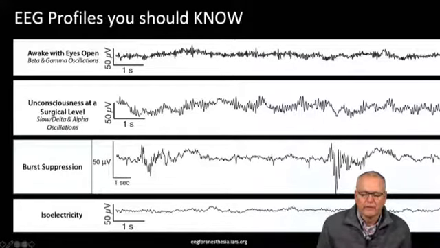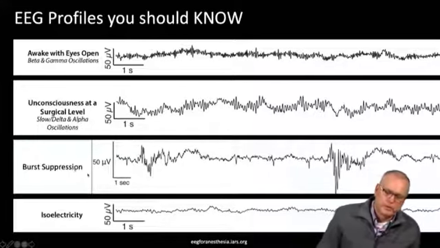There's a lot of activity in there. At a surgical level, you see the waves slow down, frequencies are lower, and the amplitudes are higher. Some suggest that the brain waves are more synchronized. So I think it's important to be able to differentiate an awake raw EEG from somebody who's unconscious.